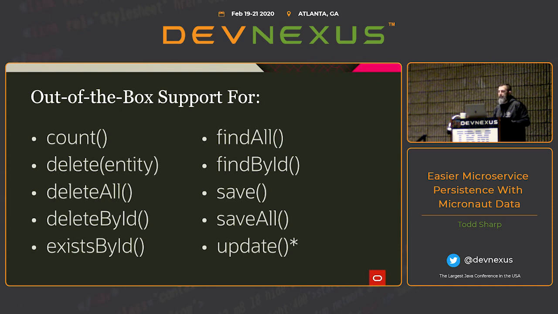You'll notice I have an asterisk down by update, and that is because if you're using the JDBC flavor, there's no concept of a session or dirty checking, things like that you have in Hibernate. So when you pass an entity to save, it doesn't easily know whether it's a new object or not.